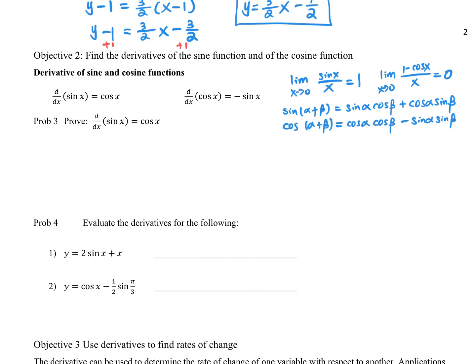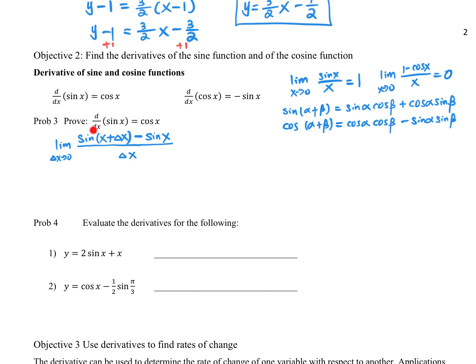All right, let's prove the first one. So the derivative, the definition, is the limit as delta x approaches 0 of the difference quotient, right? So it's going to be sine of x plus delta x. This is the f of x plus delta x, minus sine x, this is my f of x, divided by delta x.